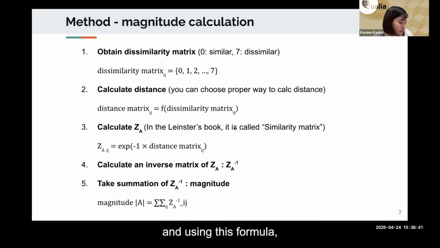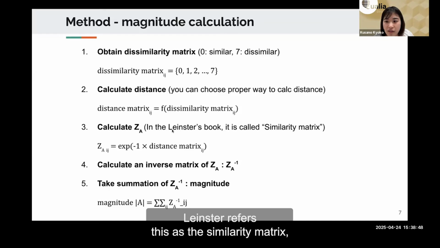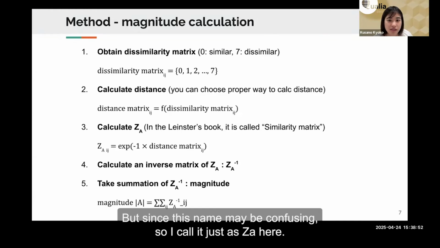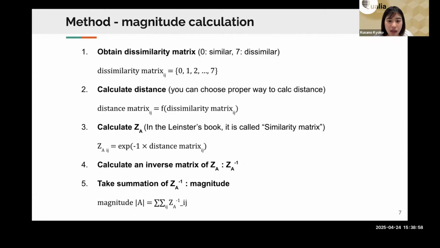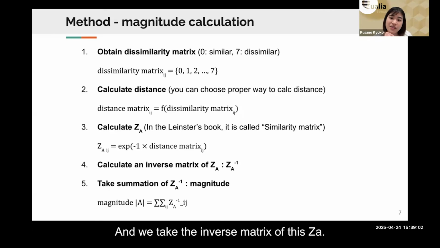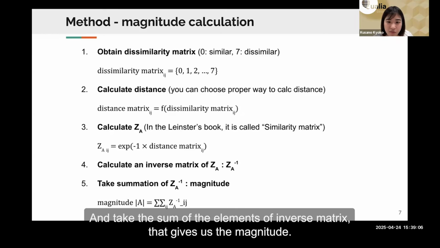And using this formula, we convert it into a matrix ZA. Leinster refers to this as a similarity matrix, but since this name may be confusing, I call it just ZA here. And we take the inverse matrix of this ZA and take the sum of the elements of the inverse matrix, and that gives us the magnitude.